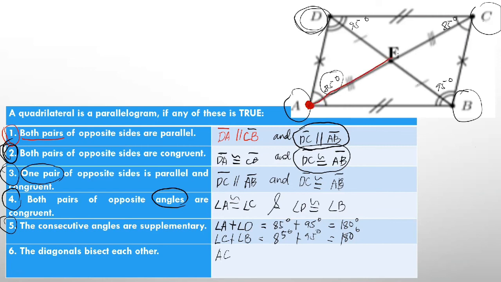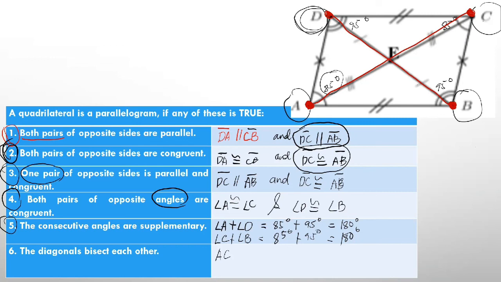And the another diagonal natin is yung diagonal B to D. Okay? So, ibig sabihin dyan, yung diagonal daw natin na yan ay nag-bisect sa each other or sa isa't isa. Pag sinabi natin bisect, it means it was divided into equal parts. So, yung diagonal daw natin ay nag-divide into two equal parts to each other.